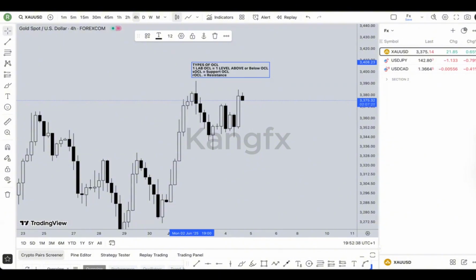resistance OCL. After that, we have the LSOCL. I know you've seen this one on my page. The LSOCL stands for left side OCL.